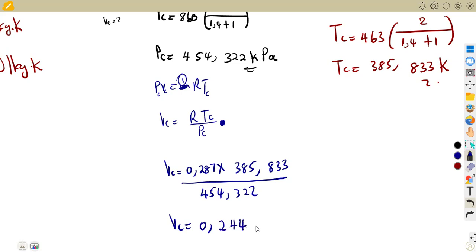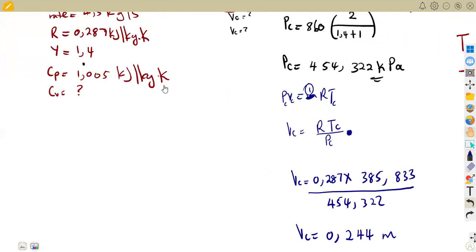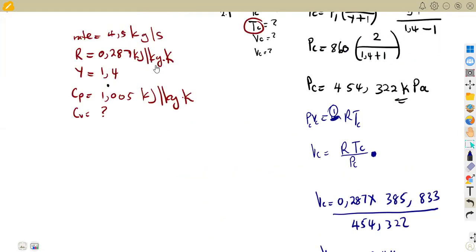So it's going to be 0.244; the 7 changes the 3 into 4. Take note, here we are talking about the volume. Our R is given as kilojoules per kg Kelvin.